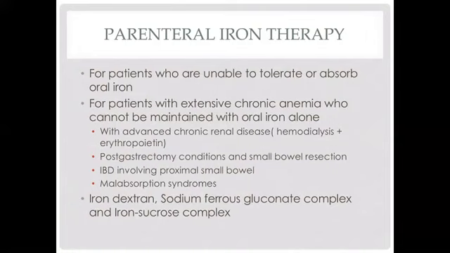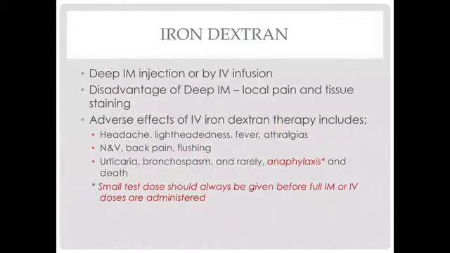In the United States, there are 3 commercially available parenteral iron therapies, like iron dextran. Also, we have sodium ferric gluconate complex and iron sucrose complex. Amongst these 3, the most commonly used one is iron dextran. Usually, iron dextran is administered via deep intramuscular injection or through IV infusion.